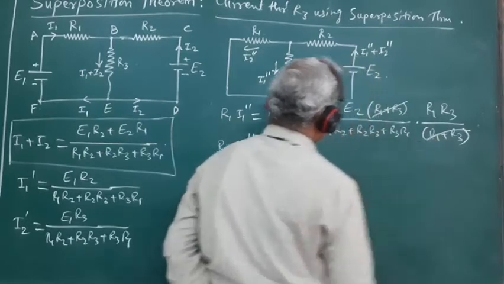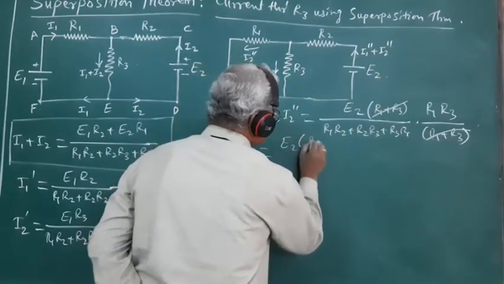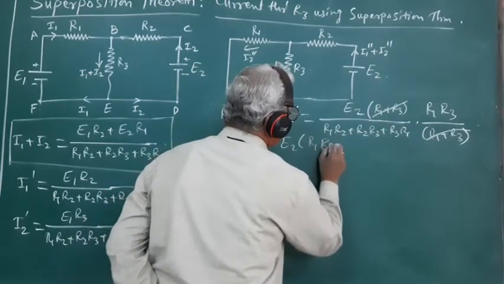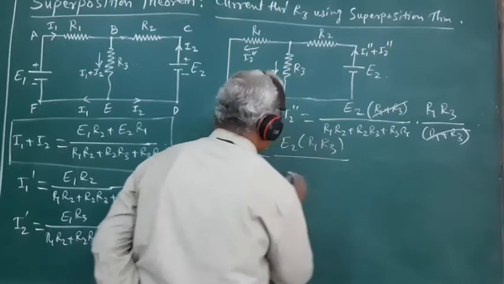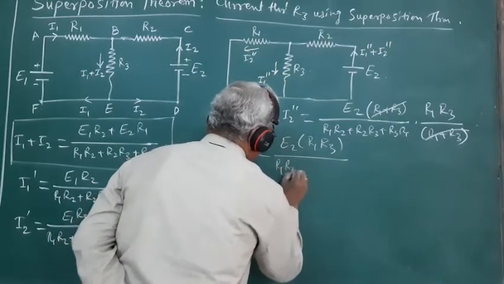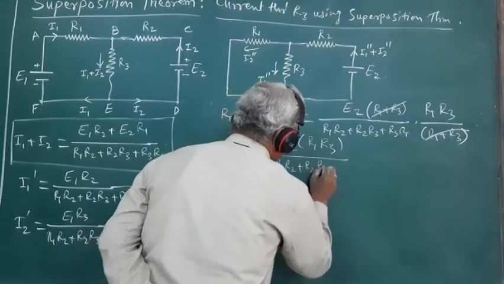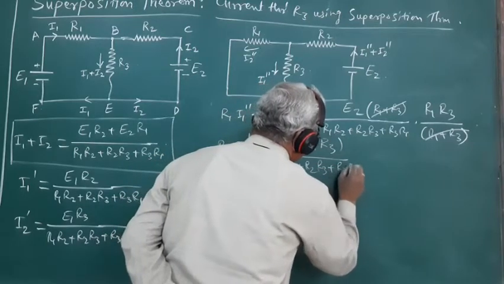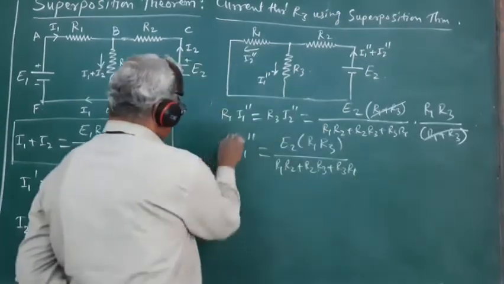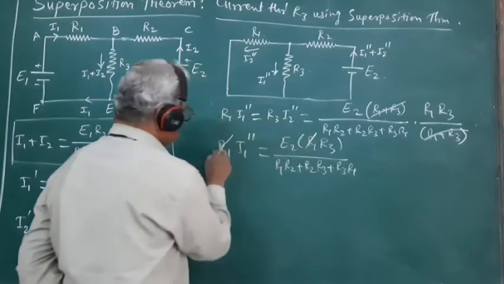This R1 plus R3 will cancel. So it is E2 into R1 R3 divided by R1 R2 plus R2 R3 plus R3 R1. So this R1 will cancel.